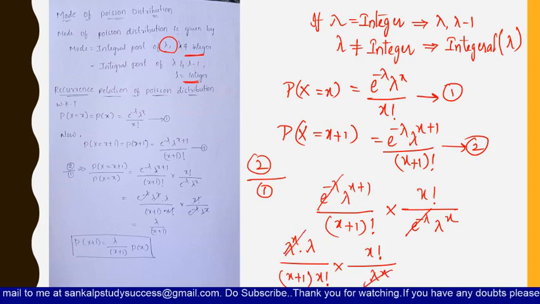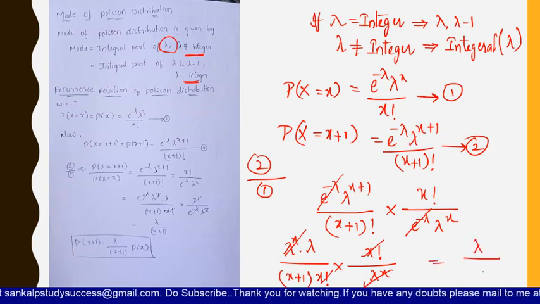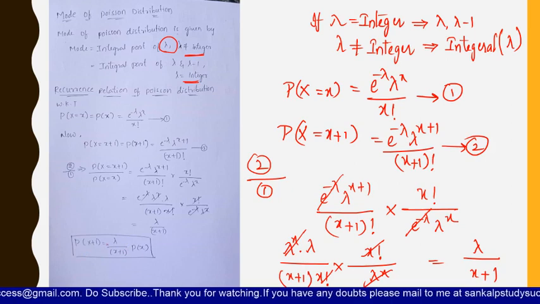So lambda power x gets cancelled, x factorial and x factorial also get cancelled. Now you are left with lambda by x plus 1. That means p of x plus 1 by p of x is lambda by x plus 1. If you cross multiply, you will get p of x plus 1 is equal to lambda by x plus 1 into p of x. So this is nothing but the recurrence relation.